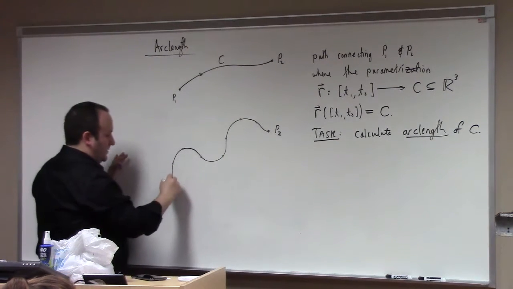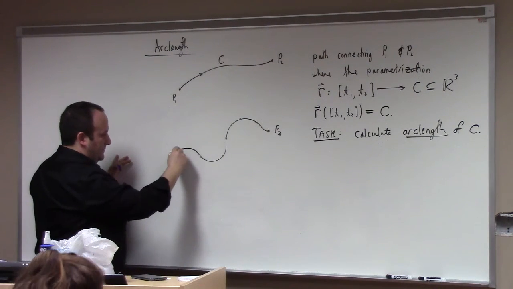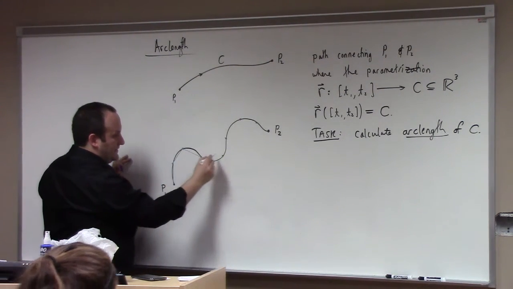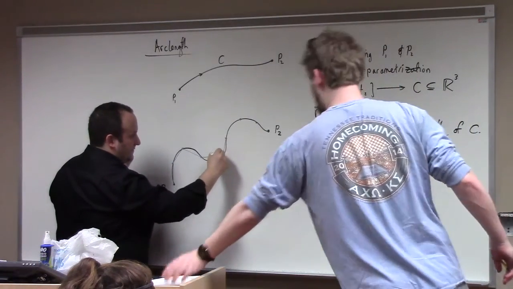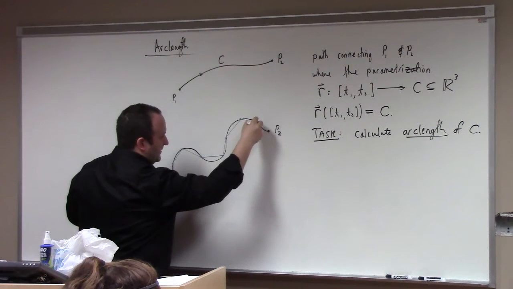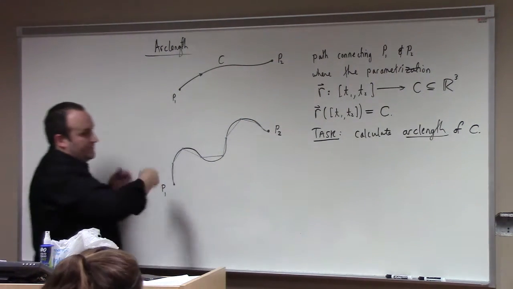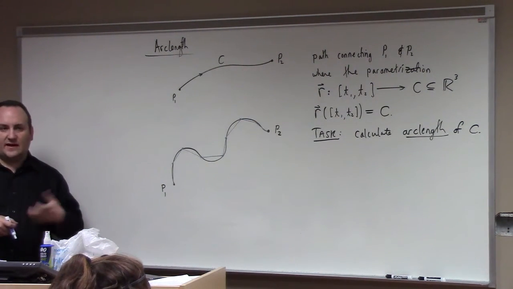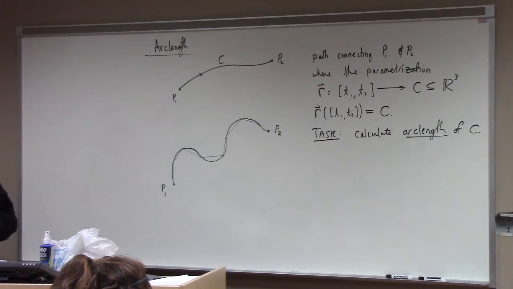If we replaced this path with this set of line segments, and calculate the length of each line segment and add up the lengths of all those line segments, that should be a decent approximation, if we take enough subdividing points.